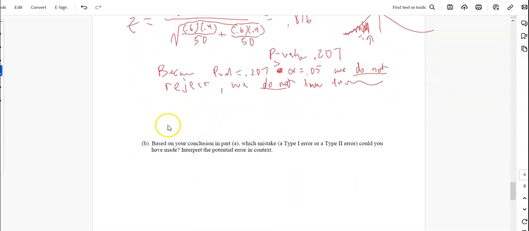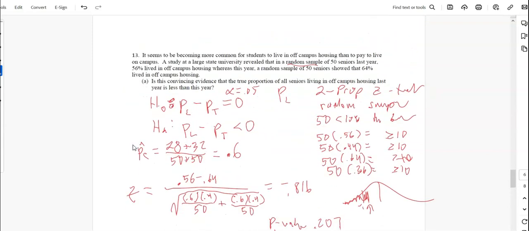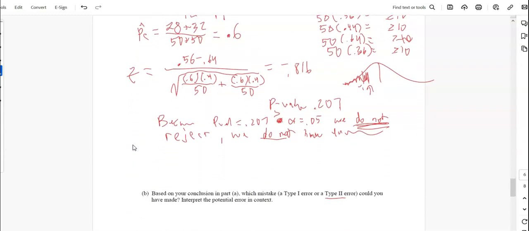Which mistake did we make? So we failed to reject, right? So we did not reject, which could only possibly be a type 2 error. If we made a type 2 error, that means we failed to reject when the null wasn't true. The alternate really was true. So we thought there's no difference, but there actually was a difference.